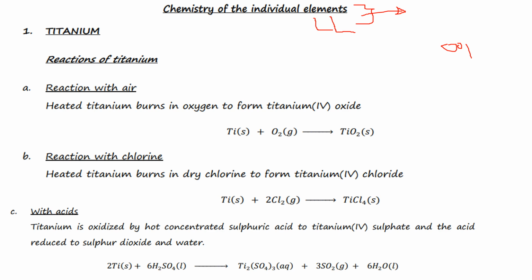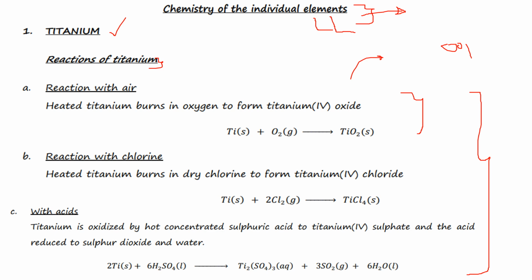We're going to be starting with titanium as the first transition element, and we're going to go straight away to the reactions involving titanium. As I was compiling these notes, I made sure that I only bring examinable areas. So if your teacher gives you more than the notes I've given you, you should take this as your revision exercise, because this only focuses on equipping you to answer your examinations.